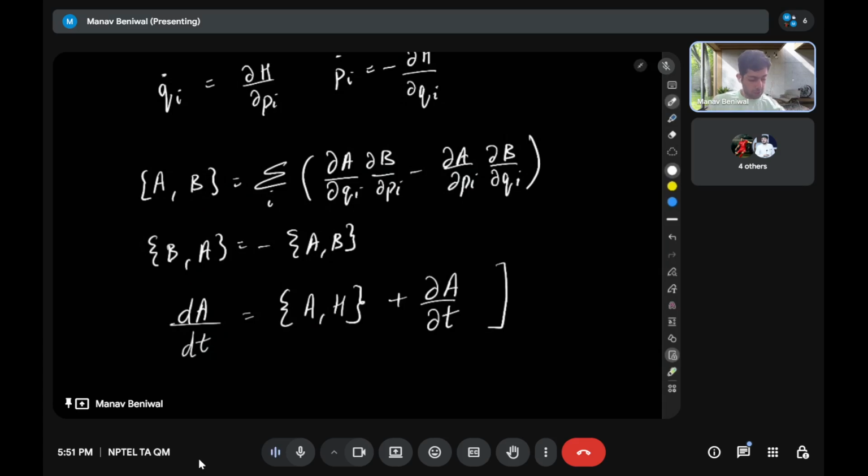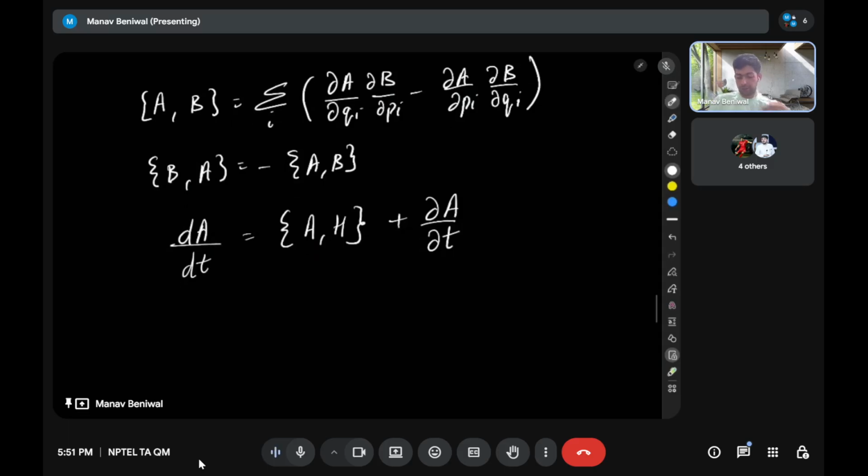One thing to notice here is that if your A does not explicitly depend on time, so del A by del t is 0, and your Poisson bracket with H is also 0, then dA by dt will be 0.